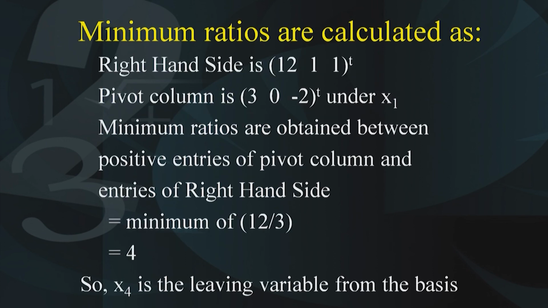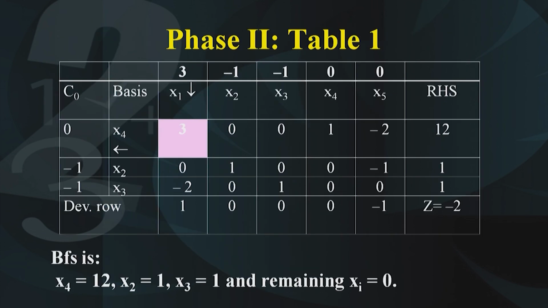In our previous table, see here the first column is 3, 0, minus 2. So, 3 has to be made 1, and how will you make it 1? You will divide the entire row by 3. So, the first entry will become 1, the second entry is already 0, you wanted it to be 0, so you do not have to do anything about it.